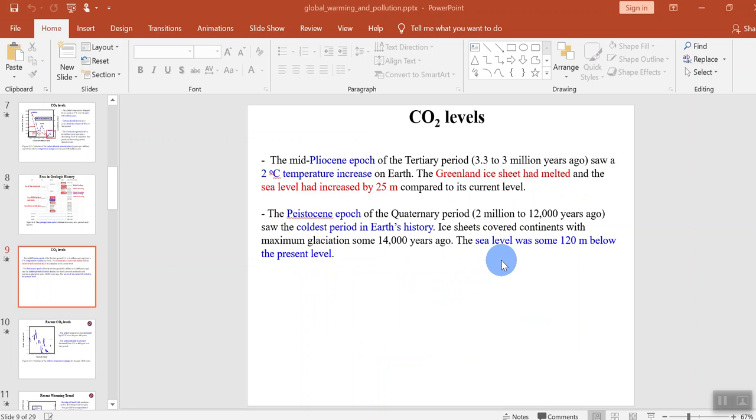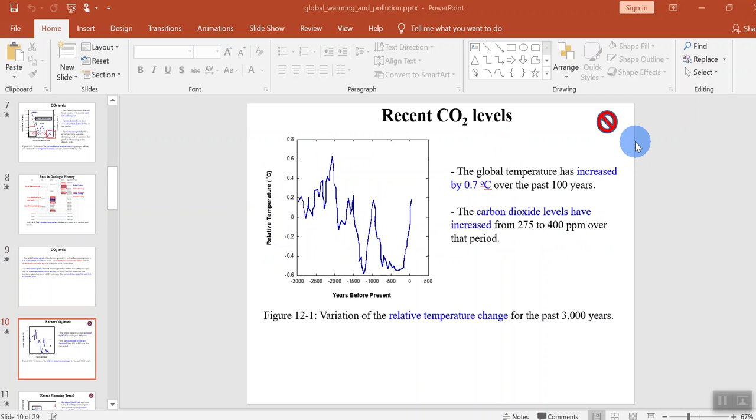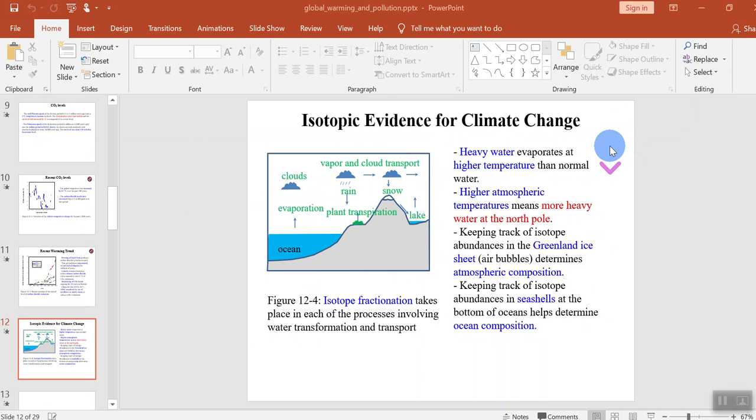Okay, sea level was some 120 meters below the present level during the global cooling. The coldest period on Earth ended some 12,000 years ago. Okay, let's skip this.